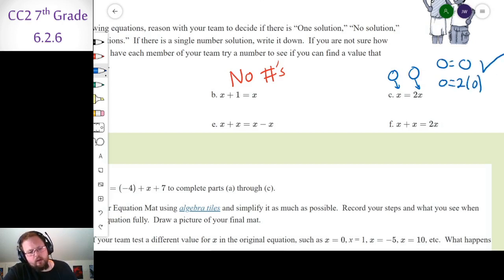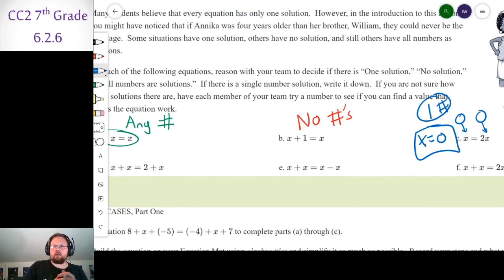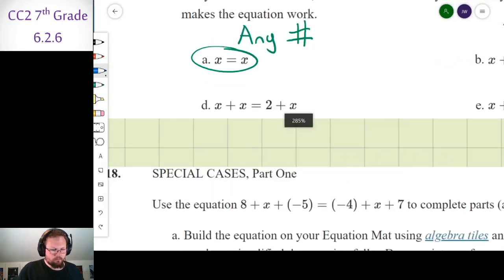That checks out. So this has one number that works for it, specifically x equals 0. Okay, so there you have 3 distinct situations. Either any number works, or no number works, or one number works. Those are the only 3 things that can happen with these.